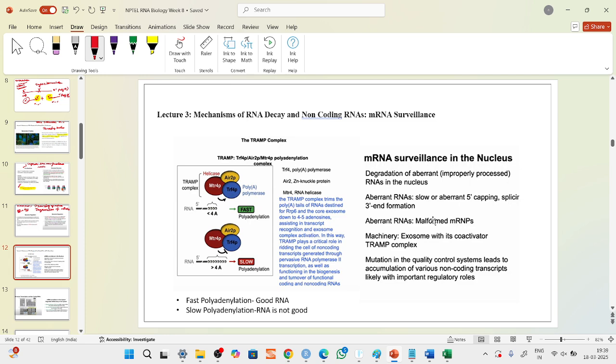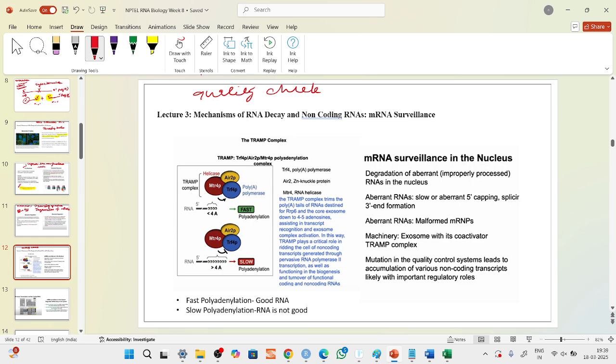Okay, so keeping an eye and keeping a quality check, when I talk about quality check, I mean whether the mRNA is good or not, or whether it is of high fidelity or not. So mRNA surveillance means keeping a quality check on the mRNA.